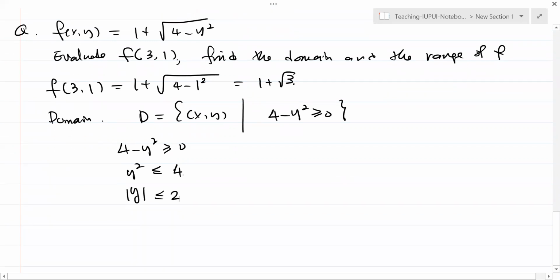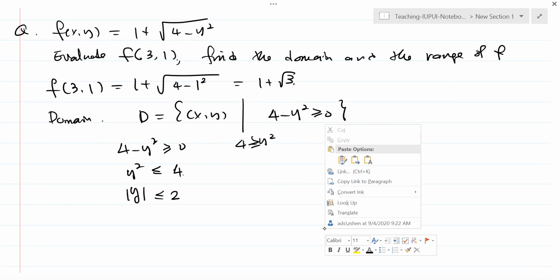Why did you switch the sign between y squared and 4? Oh, well, I can write 4 is greater than or equal to y squared, but traditionally the notation is that the variable is on the left and the number is on the right.